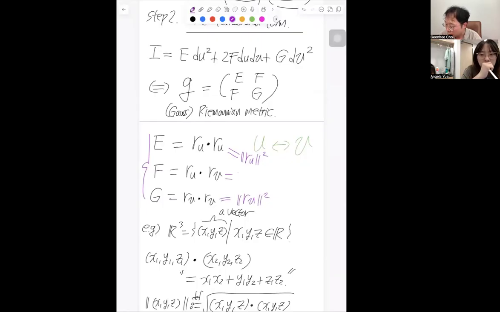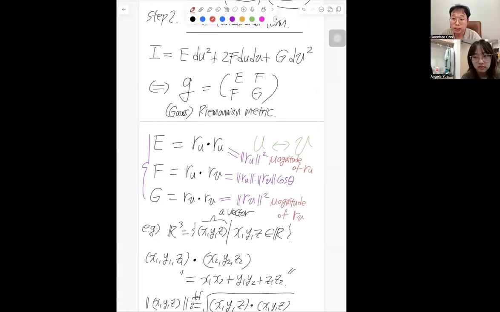The second one is the magnitude of r sub u times the magnitude of r sub v times cosine theta, because it's a dot product. What does that mean? This is the magnitude of r sub u. This is the magnitude of r sub v.